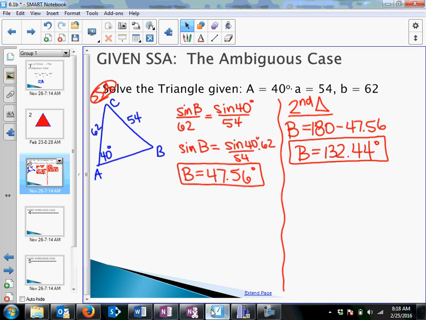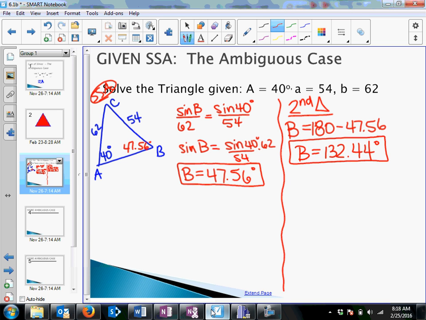All right. Now what I want to do is go ahead and solve completely the first triangle. We will come back to the second triangle. Okay? So we found angle B. What should we find next?